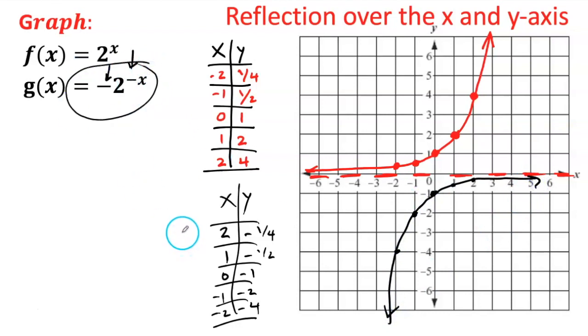Those are the basic transformations when there's a reflection over the x, the y, or both. In this case, because there's both, it's going to be symmetry about the origin. So technically it's like a 180-degree flip, a rotation. This part will come here, and this top will come here, like a 180-degree rotation.